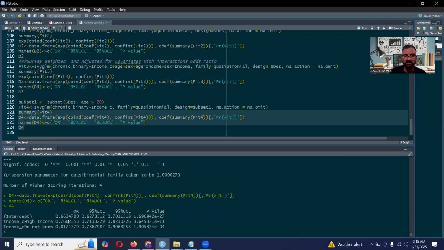It was 0.80 when we included the whole data set, and when we exclude individuals with age less than 20, the odds ratio of low income to high income is again 0.76, which is near 0.8. So this is all about the odds ratio when we have survey weighted data.